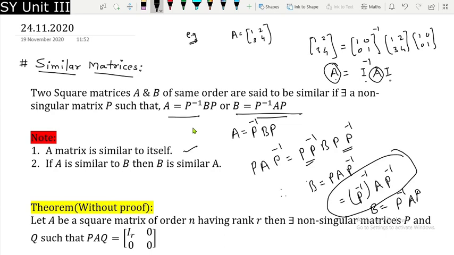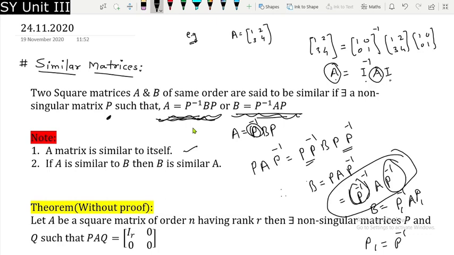The ultimate aim is to get a non-singular matrix P such that this is satisfied. Once this is satisfied, this will also be satisfied, but for this the matrix is the inverse of whatever matrix we obtained here. If you want you can use different notation, I will go for P1 if you want, where P1 is nothing but P inverse, right?